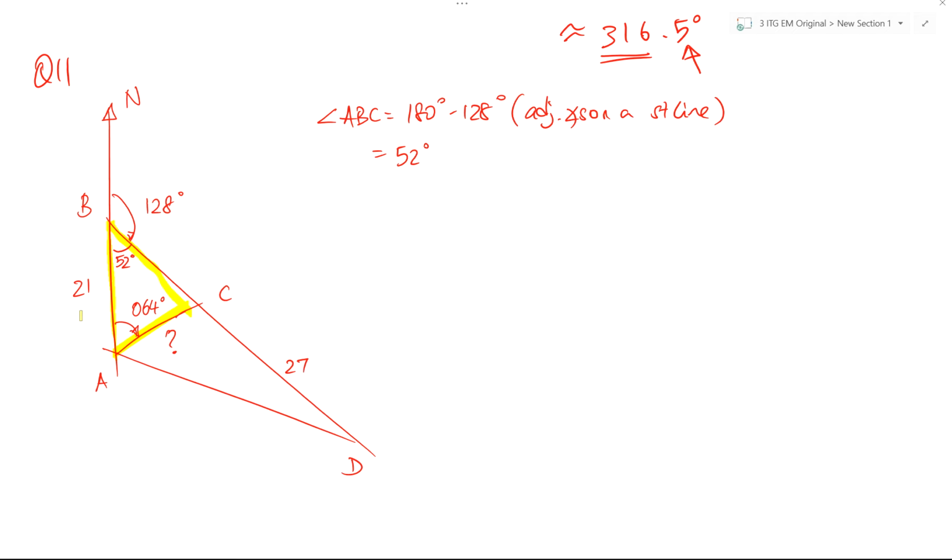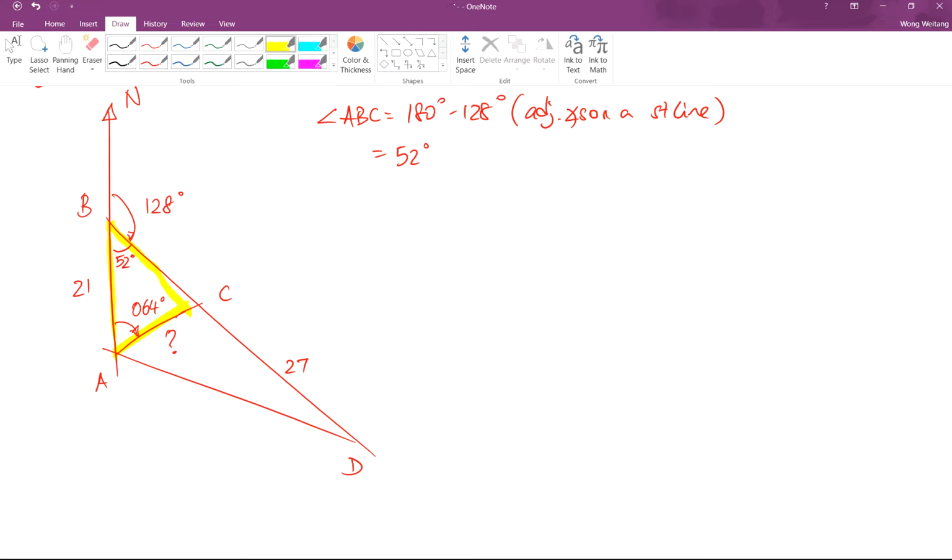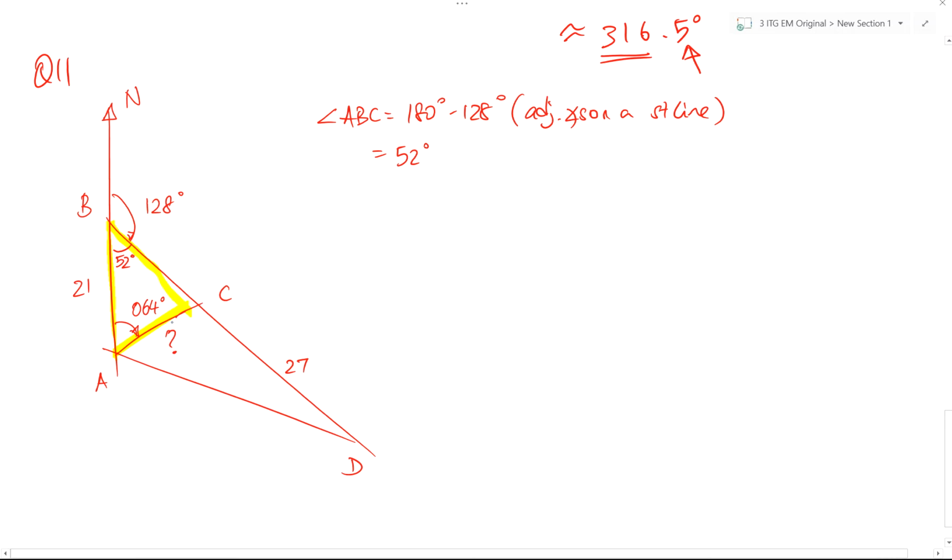So now, if I want to try cosine rule, then I want AC. AC square equals to AB square plus BC square minus 2 blah blah blah. I don't have BC so I cannot use it. Okay, I cannot use my cosine rule already.